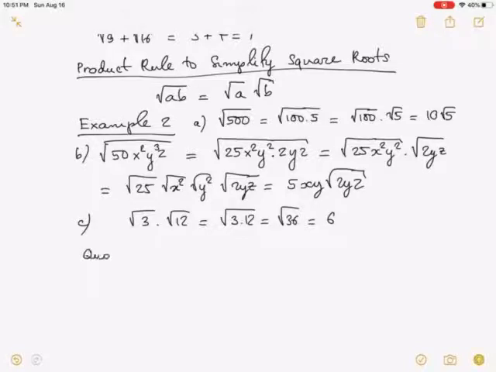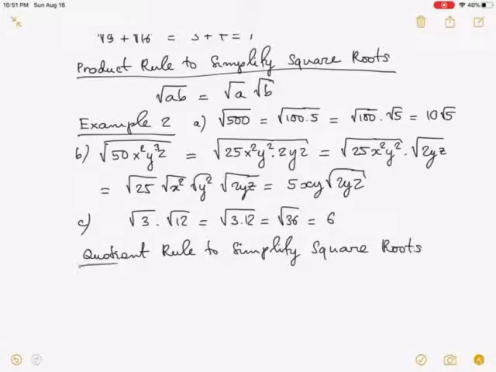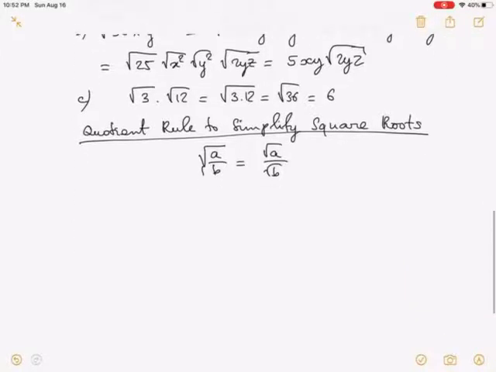Quotient rule to simplify square roots. The quotient rule says that the square root of a over b is the square root of a over the square root of b.